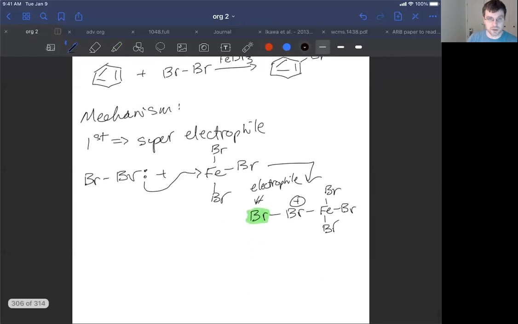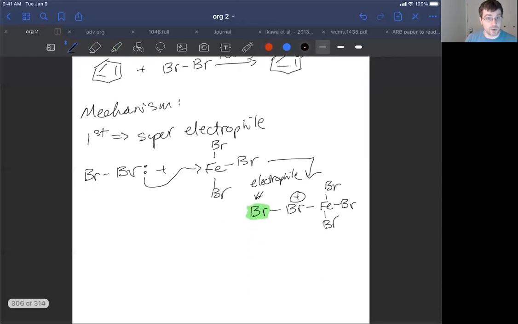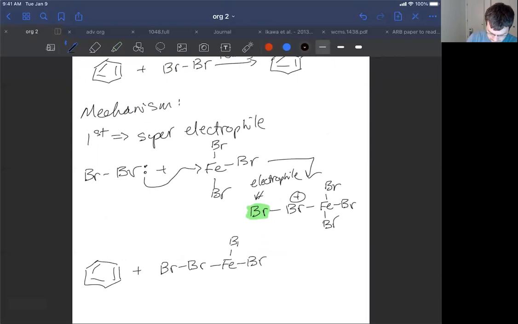Okay, so we can add a nucleophile to that bromine now. Benzene is our nucleophile of choice in this unit. So we're going to take a pi bond and add, oh, I got the charges wrong, sorry, positive, negative.